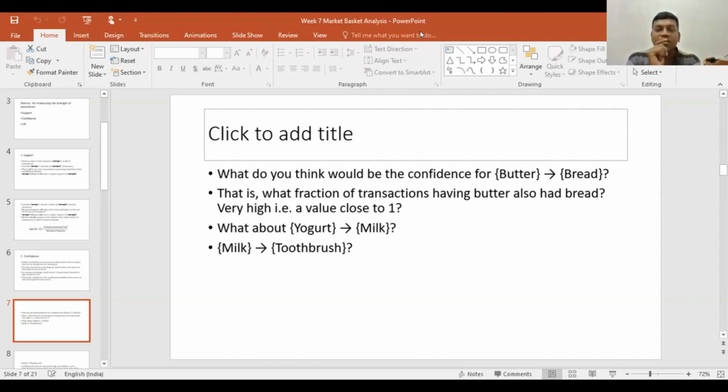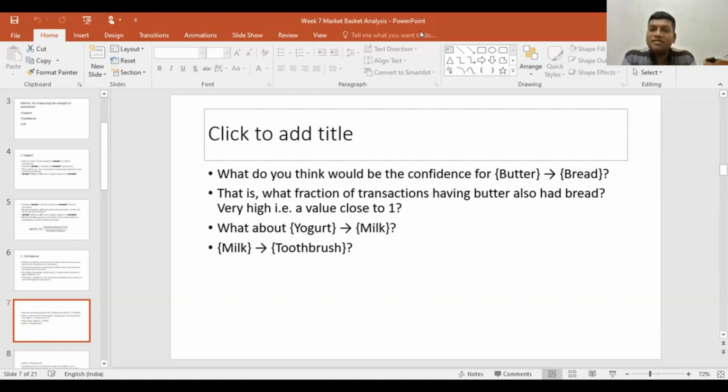You would actually notice that this value will also be very high. Why? Simply because milk is something which is almost bought by people on a daily basis. So in any basket that you look at, you would find milk is always there.